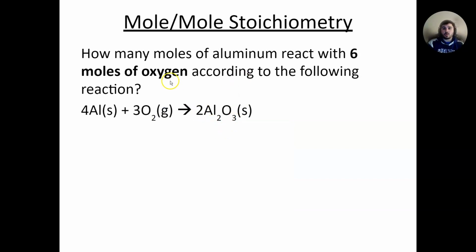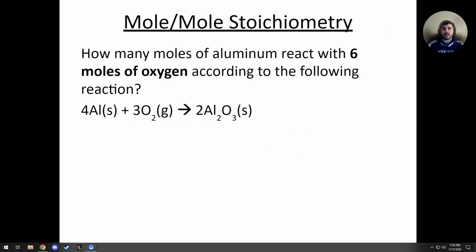Now the next one, mole stoichiometry. What if they don't give us the proper amount of moles? We've got the exact same equation, aluminum, oxygen, and aluminum oxide, same amount of moles, 4, 3, and 2. But they gave us a different amount: 6 moles of oxygen, and they want us to convert that into some amount of moles of aluminum.